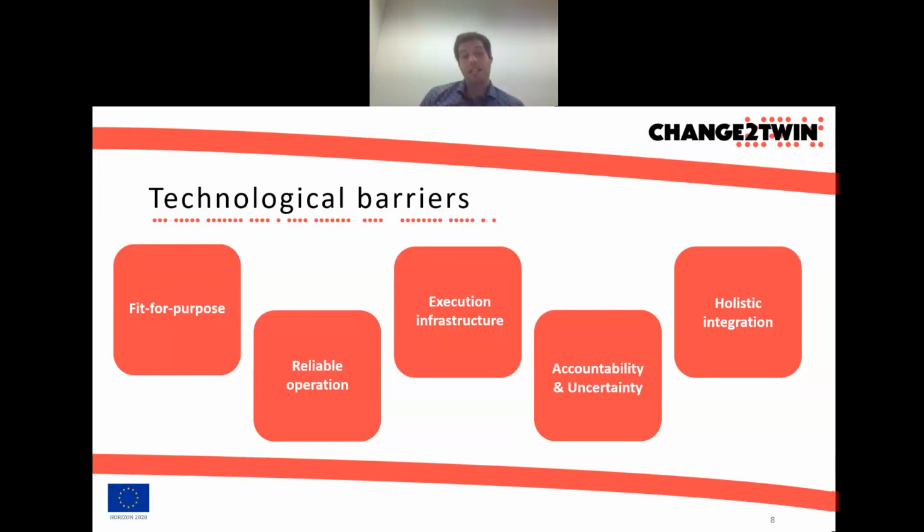Having the IT in place to deal with accountability and uncertainty relating to trust of the system and its results or use. And the technology that brings it all together, providing holistic integration of the data, model, and purpose or process that constitutes this digital twin. Again, I'll go through them for you.